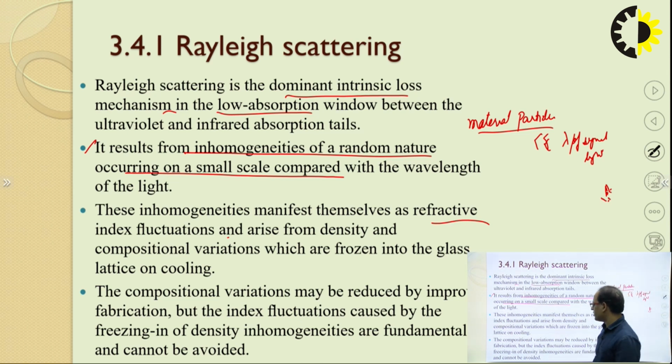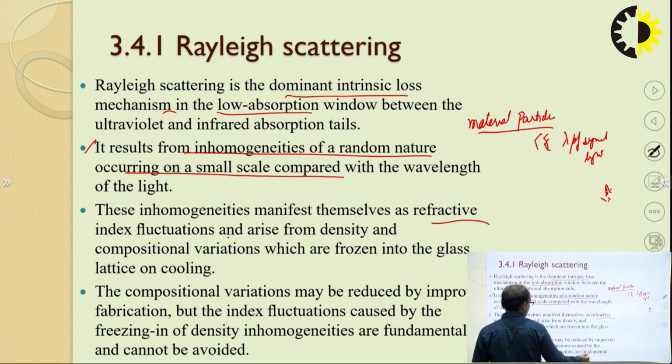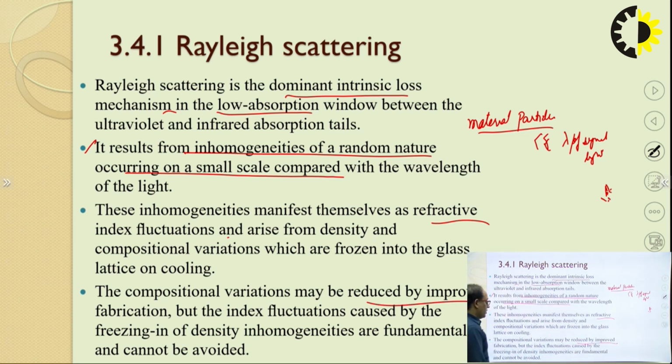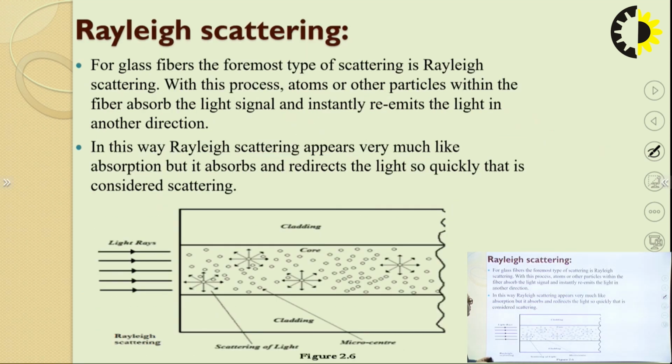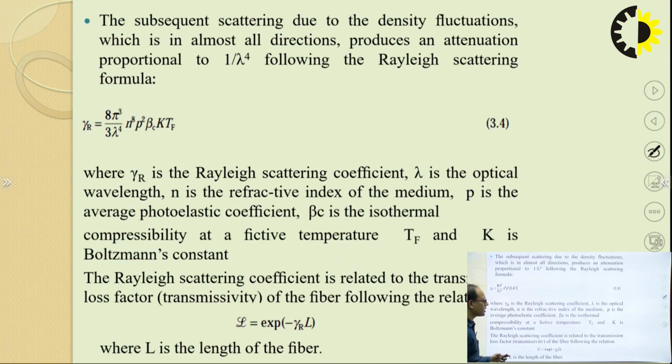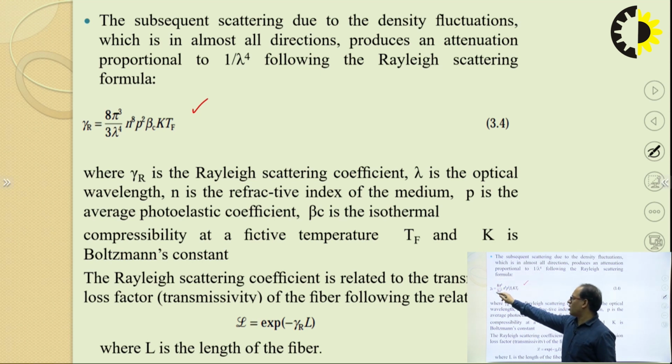This compositional variation can be improved by improved fabrication techniques. So this is Rayleigh scattering, when the particle size is much smaller than the wavelength.